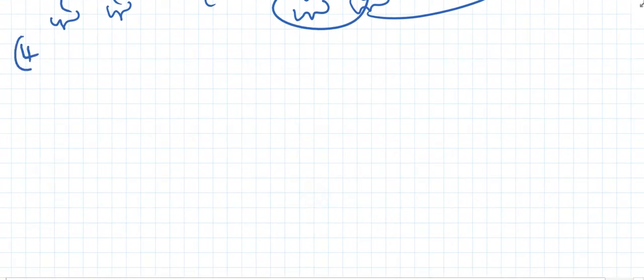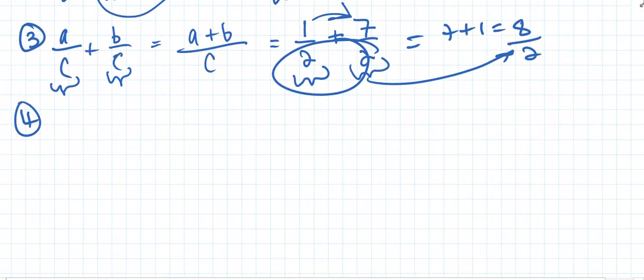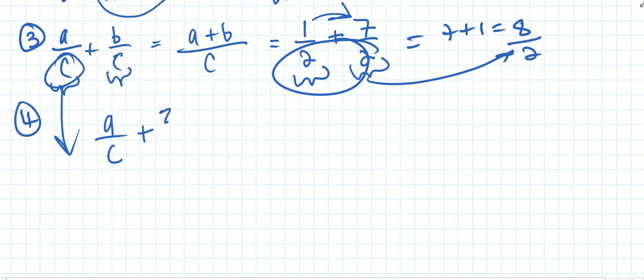Our fourth property is, going back to this, okay? To be able to add two different fractions, we're going to add a over c plus, let's say, z over x. Okay, you can immediately see that this denominator and this denominator are not in common.